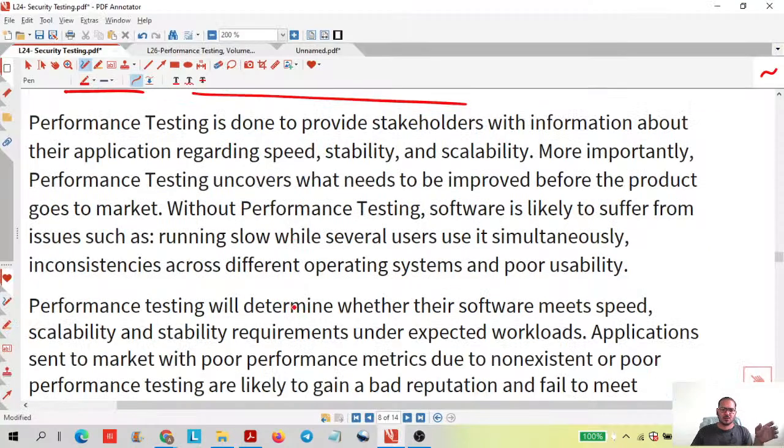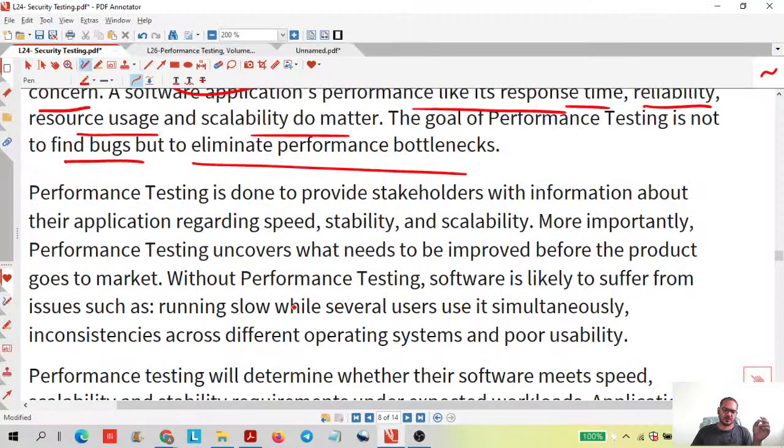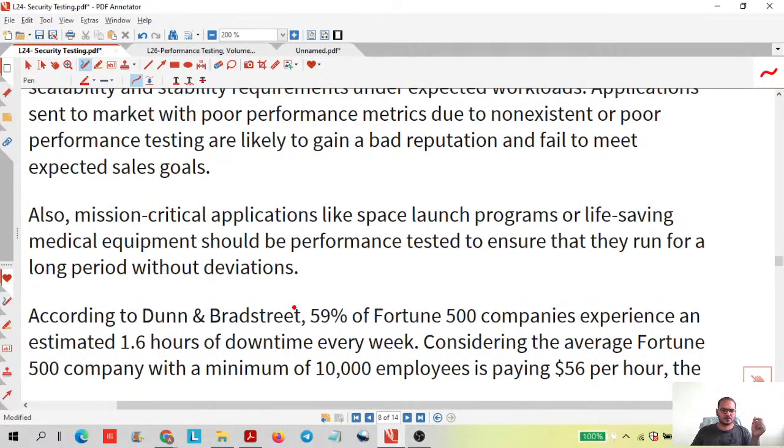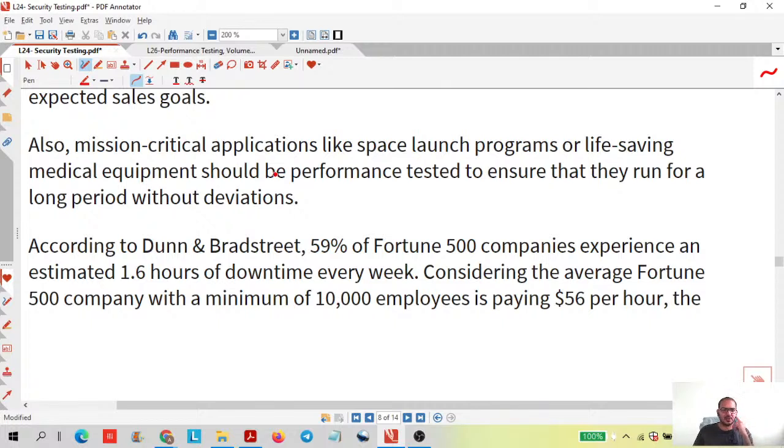Along with the features and functionality of the software application, performance testing is also very important. There are mission critical applications like space launch programs or life saving medical equipment.